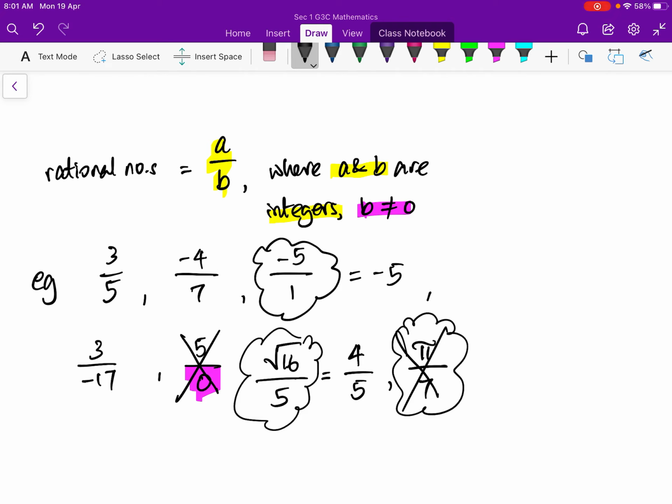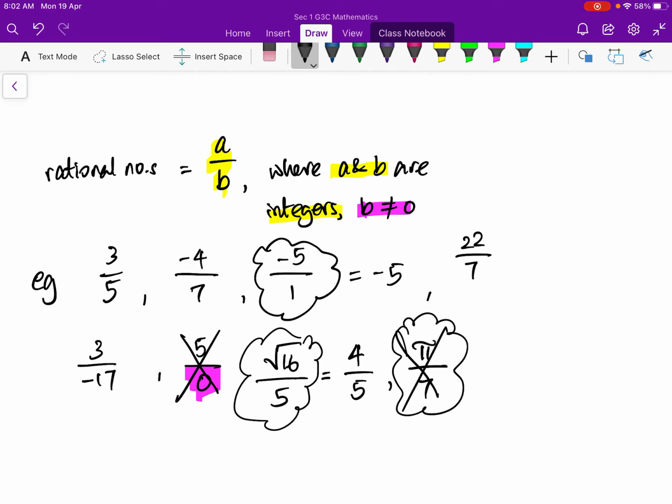Then how about 22/7? Is this a rational number? Is this rational? No? Which part of the definition doesn't satisfy? There are two parts, right? Yellow and purple. Does it satisfy the yellow?